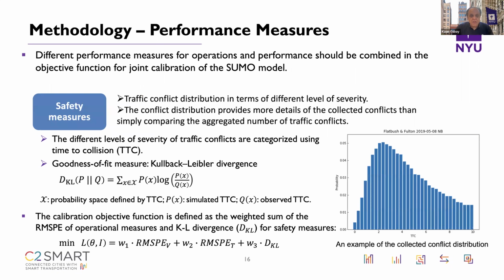For the safety, we are looking at TTCs, time to collision percentages or probabilities, from both the real world data and from the simulated data. And then we plot them, and we use a goodness of fit measure, the Kullback-Leibler divergence measure, that is shown here. It's actually quite simple.